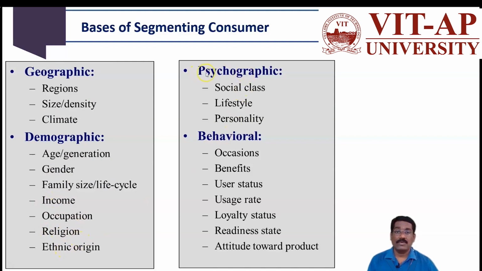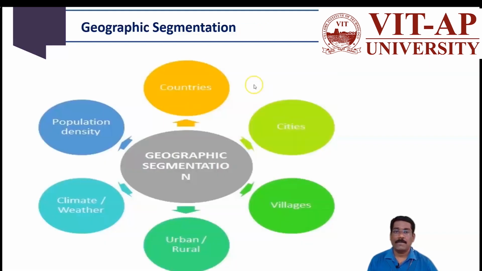In psychographic, you've got social class, lifestyle, personality. And in behavioral segmentation, you've got occasions, benefits, user status, usage rate, loyalty status, readiness state, and attitude towards the product. I will try to back this with more examples to give you fundamental clarity on these elements.